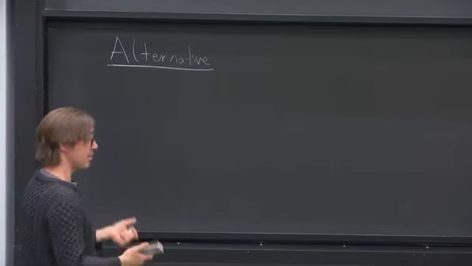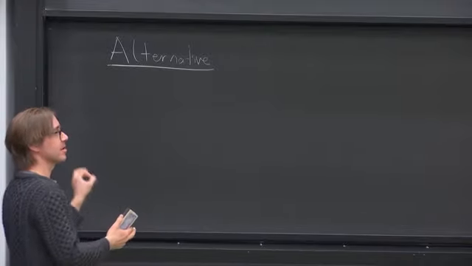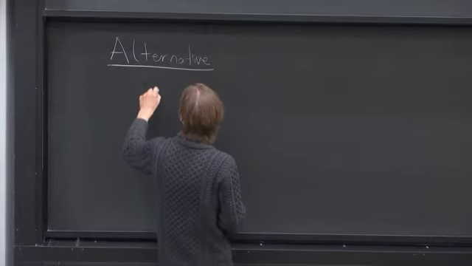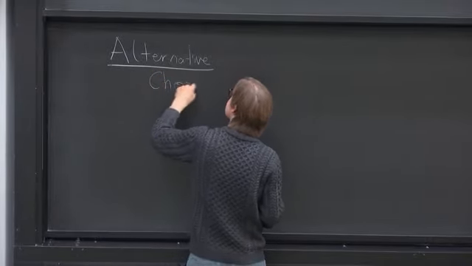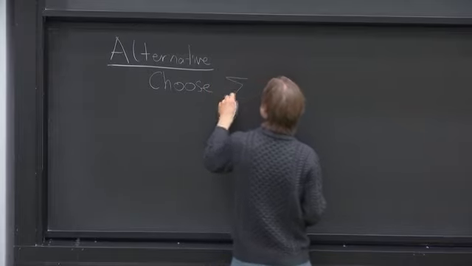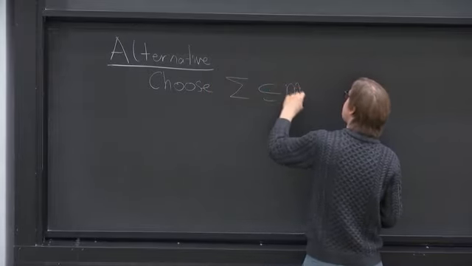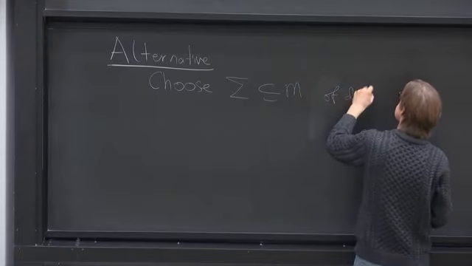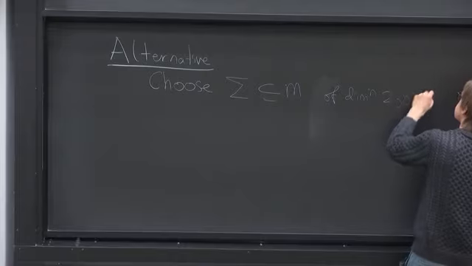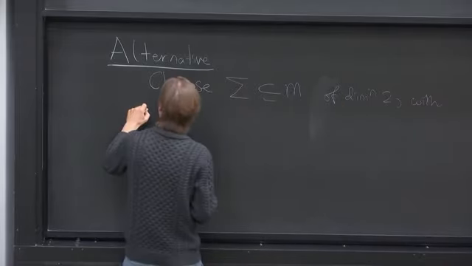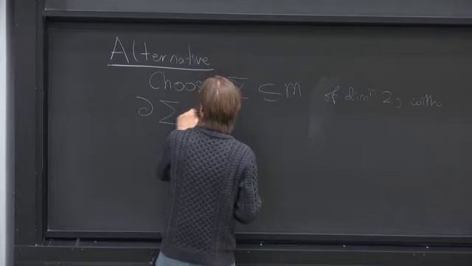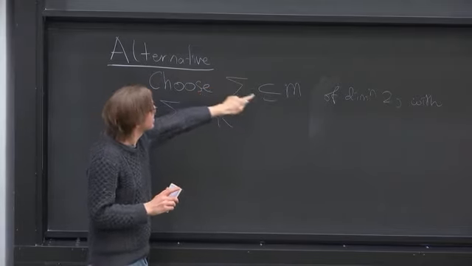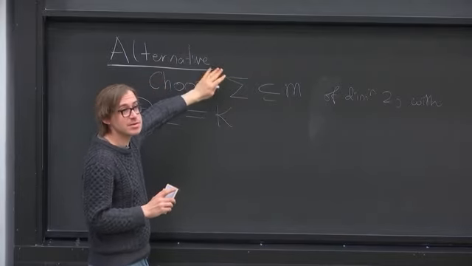It turns out in the abelian case, the action for a Wilson line can be understood as the integral over a surface which bounds that knot K. So the alternative is to choose some sigma inside of M, which is a surface of dimension 2, with the boundary of sigma equal to K. Now, this might not always exist, depending on the topology of our manifold, but let's suppose for now that it exists.